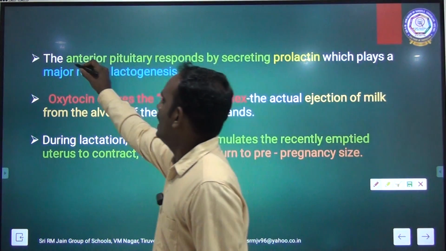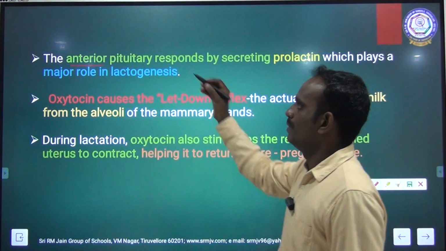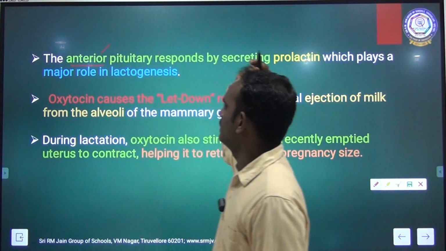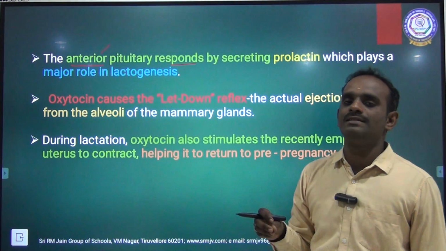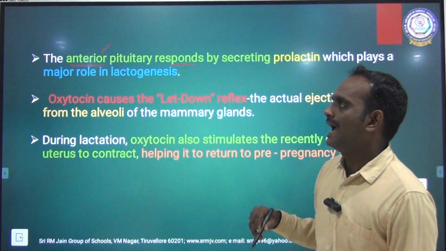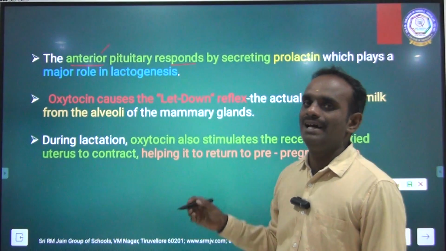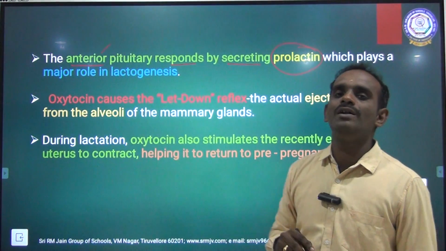Once the hypothalamus stimulates the anterior pituitary, the adenohypophysis, this anterior pituitary responds by secreting the hormone called prolactin.